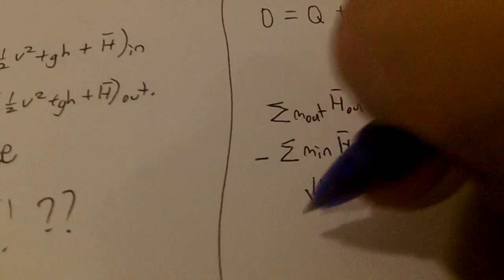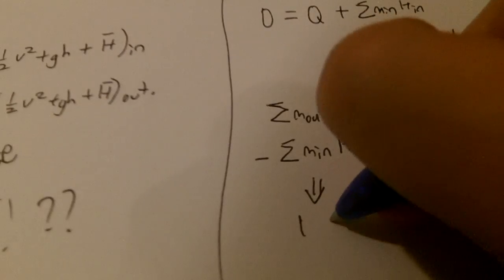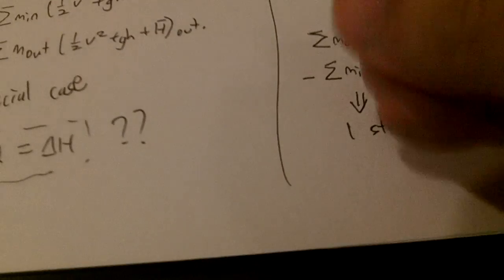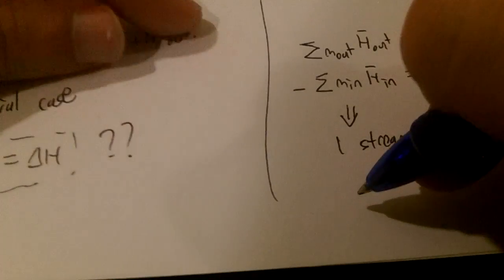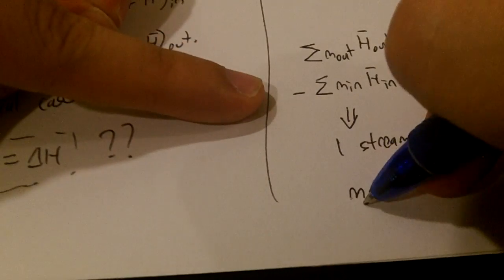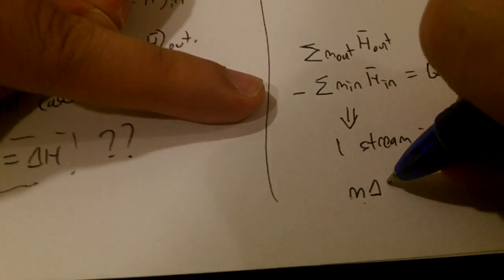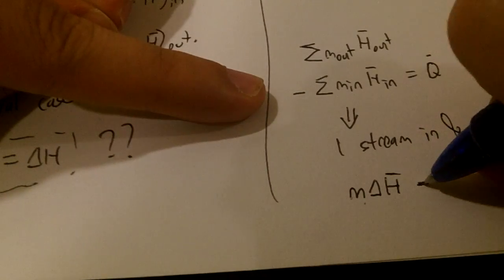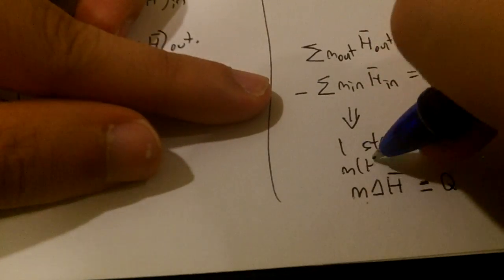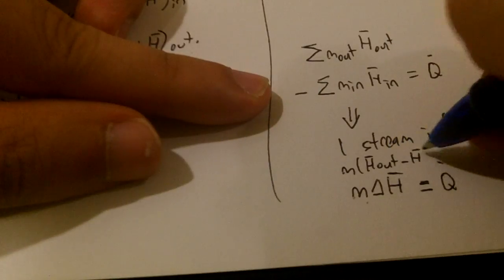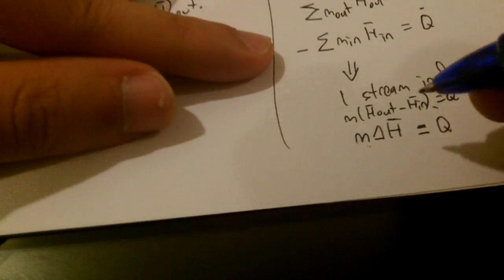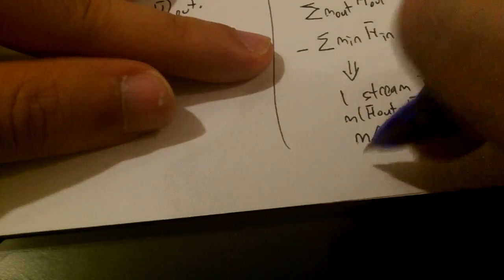Now let's say you have one stream in and one stream out. So you will have m, because the streams in and streams out are the same mass flow rate. You have m times (H hat out minus H hat in) equals Q dot.